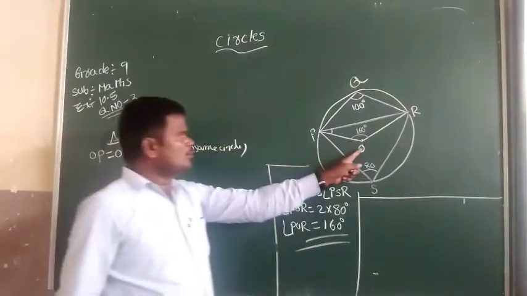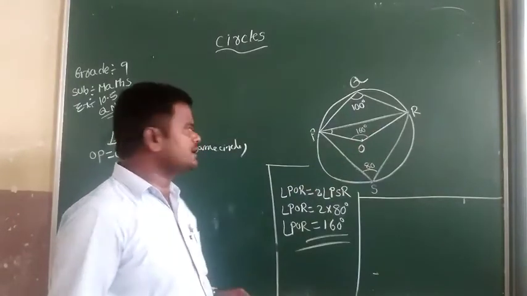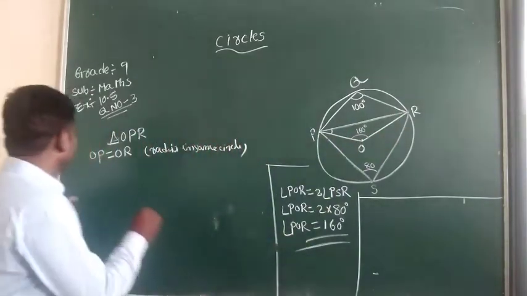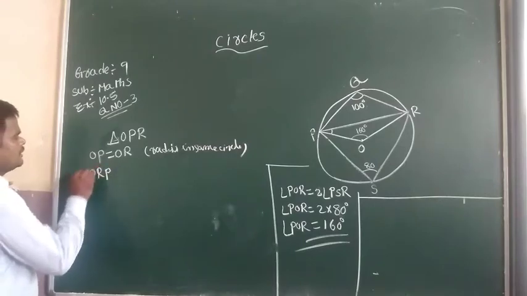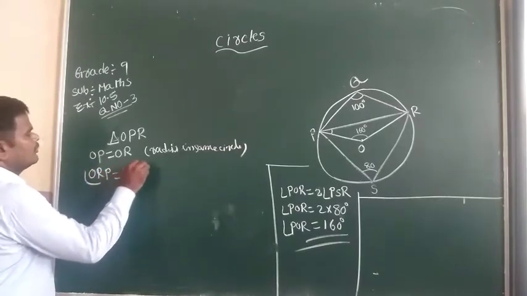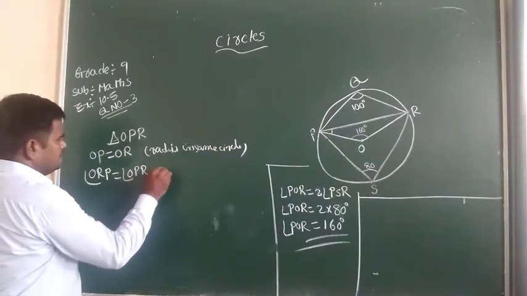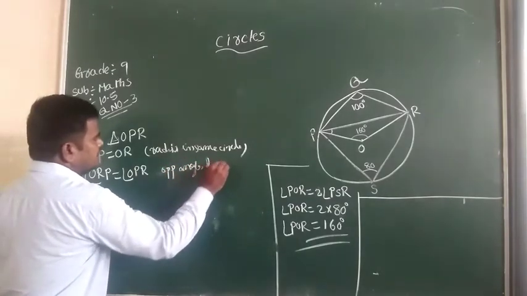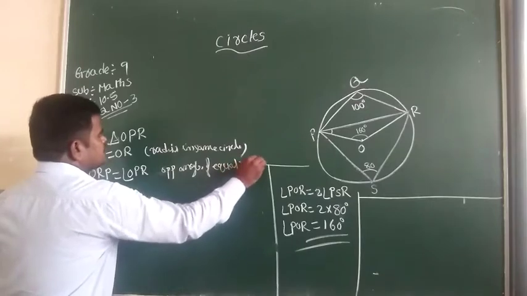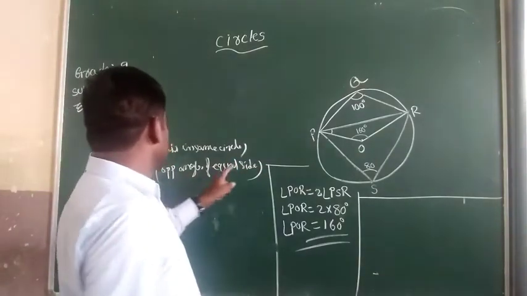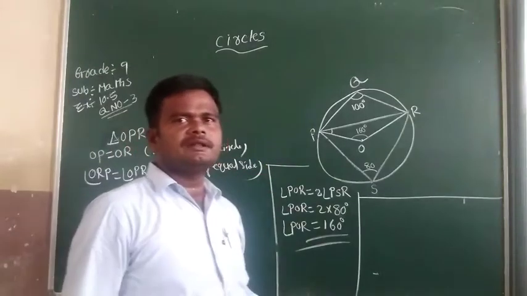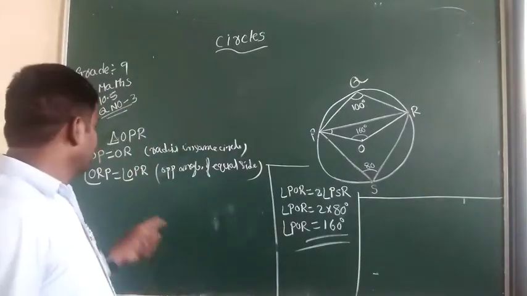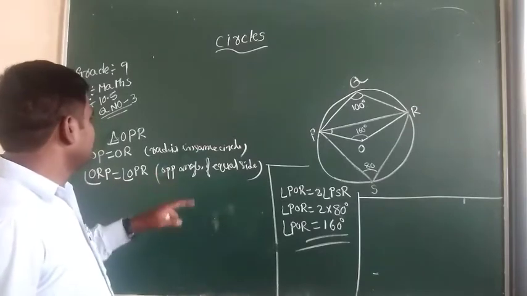OP and OR are radii. The angle opposite OP is angle ORP, and the angle opposite OR is angle OPR. Angles opposite equal sides are equal, so angle ORP equals angle OPR.